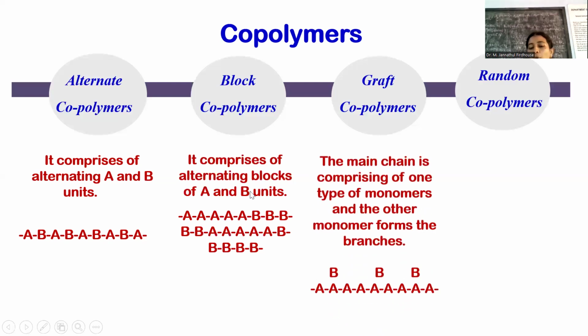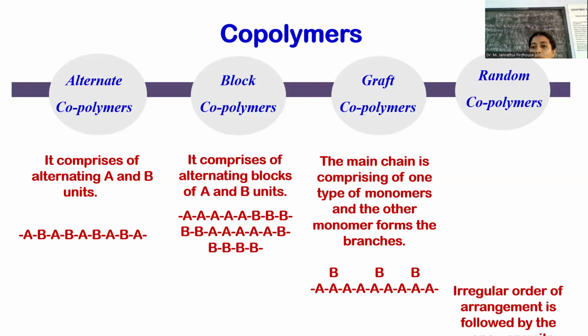Whereas for graft copolymers, the main chain will be of one type of monomer, and the other monomer will be formed as branches. So A forms the linear chain, whereas the B monomer will be branched. So this can be classified as graft copolymers.